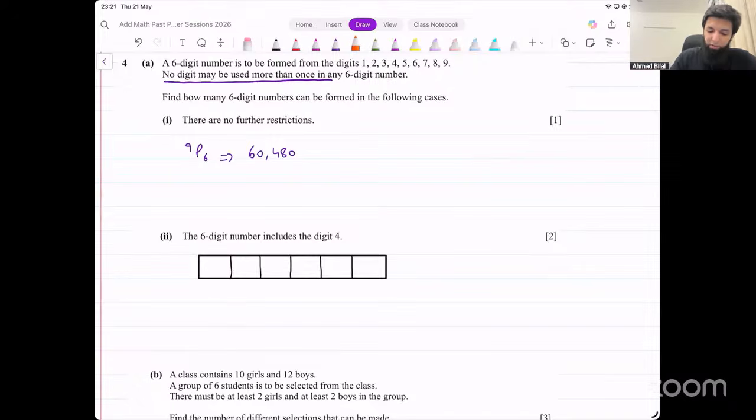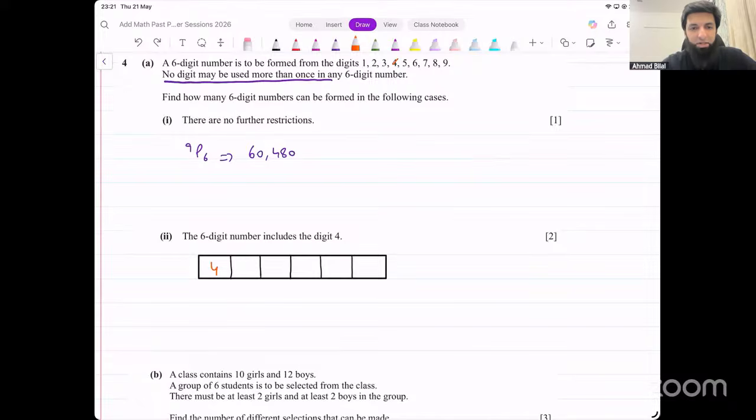So what we can do is we can break it into 2 parts. We could say 4 definitely has to be one of those digits. Now, if 4 is already there, how many digits are we left with? 8 digits in total. How many more digits do we want apart from 4?